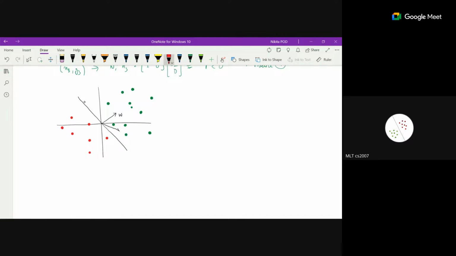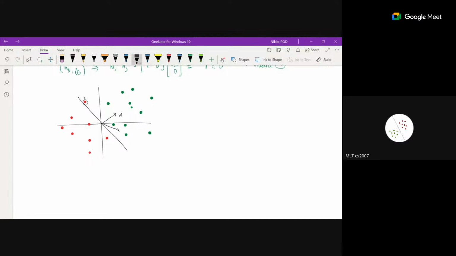Yeah, I think here it should work, I guess. It's okay, I'm not trying to be exactly correct here in terms of the figure. But this is nearly separable, right? So maybe I got a W with which I'm misclassifying this data point.